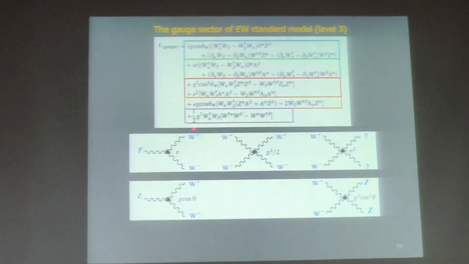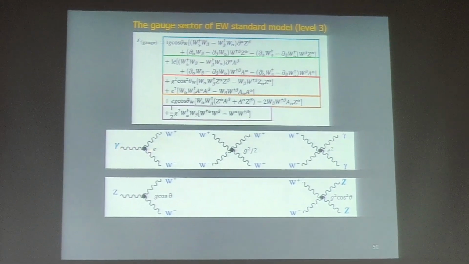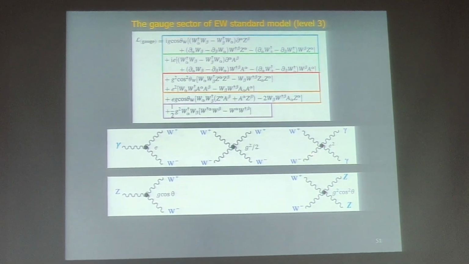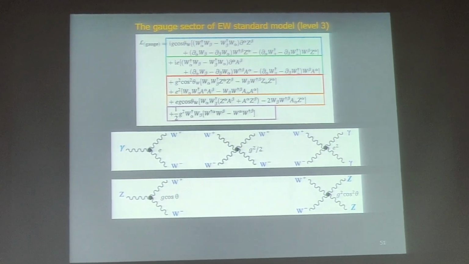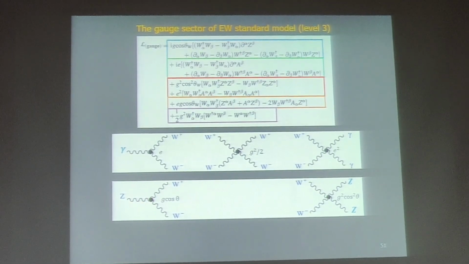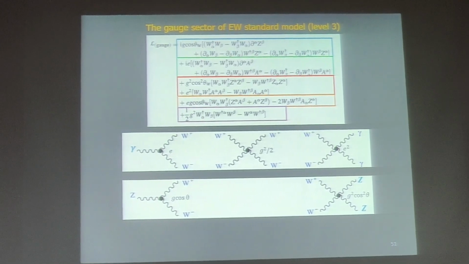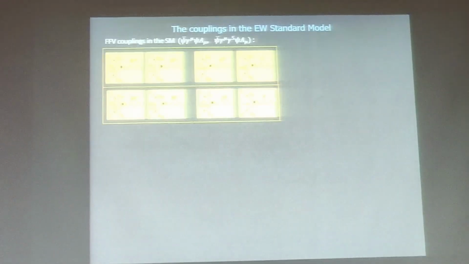From this sector, we get the cubic interaction of the electromagnetic field with the W plus minus field, quartic interaction of W fields, quartic interaction of W and photon fields, cubic interaction of Z with W fields, and the quartic interaction of W with the Z field. So these are the interaction terms generated from the gauge sector.